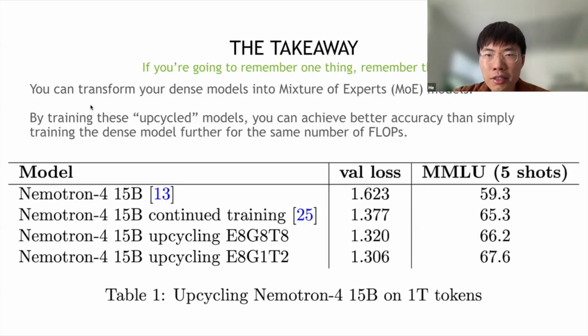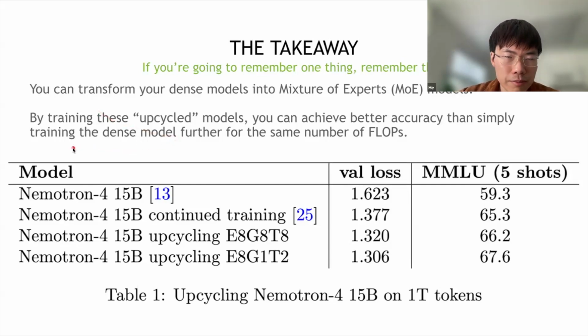So we are talking about the regime where you already have some pre-trained dense models and you have some new data or more compute. You want to improve your dense models. So the upcycle operation converts these dense models into MoE, and this can perform much better than just continuing to train the same dense models for the same amount of compute.